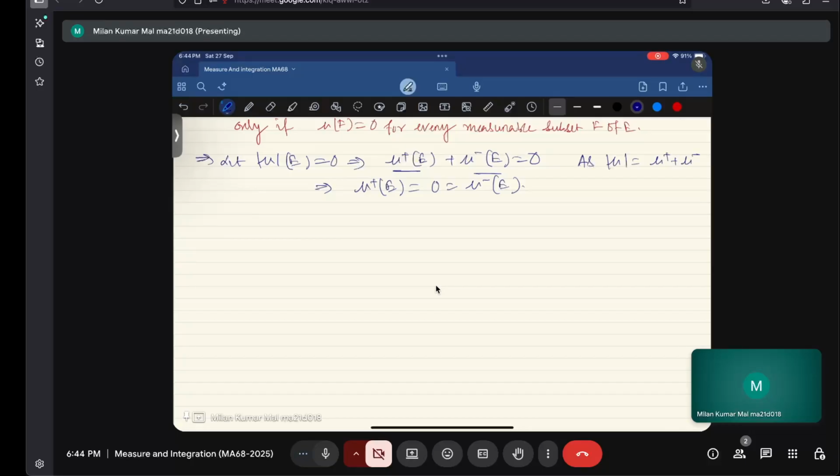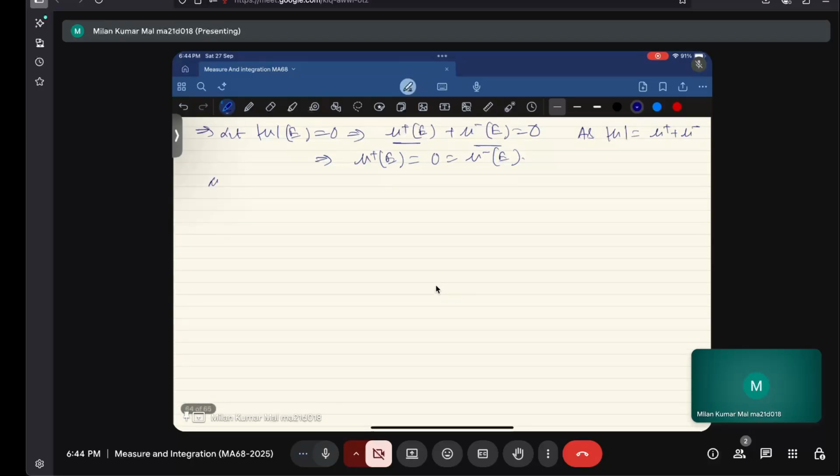Now let A and B be a Jordan decomposition.